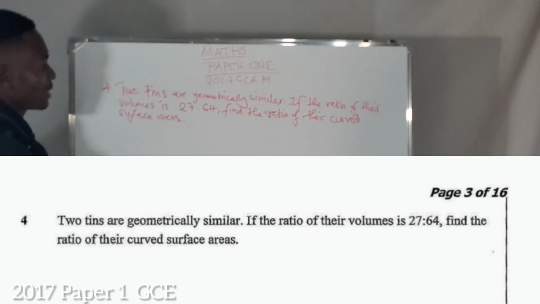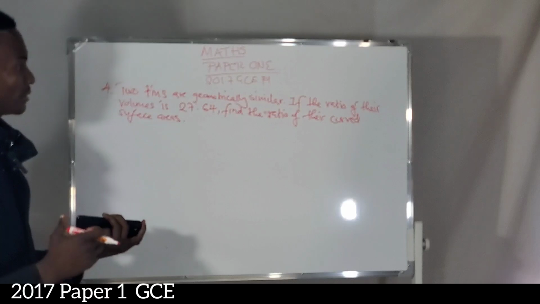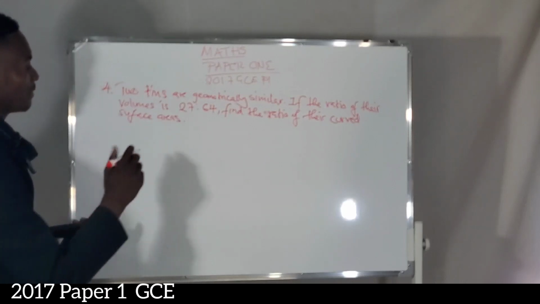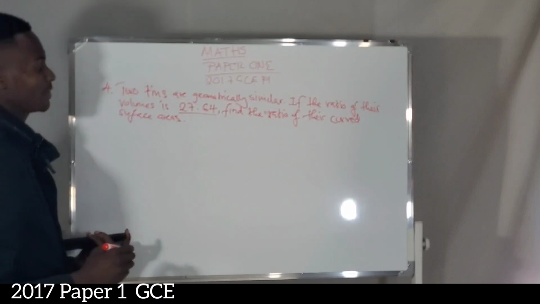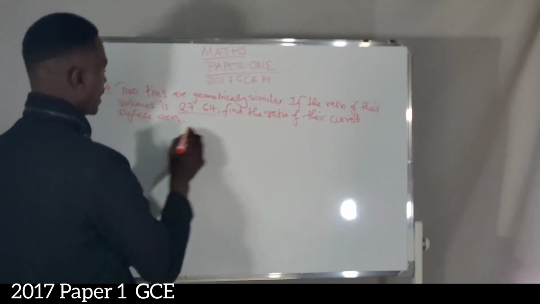So two tins are geometrically similar if the ratio of their volumes is 27 to 64. Find the ratio of their surface area. So we are given the ratio of their volumes, and we are asked to find area.